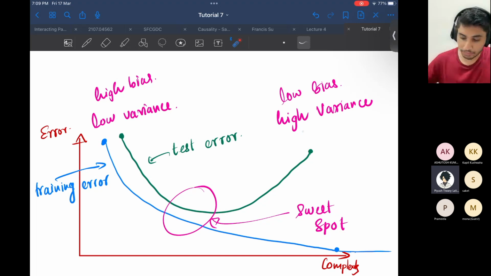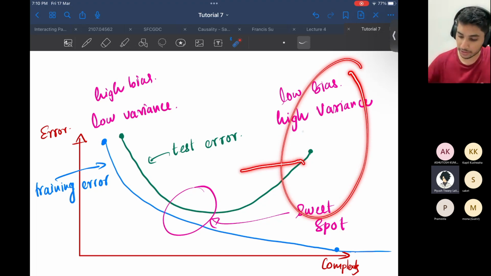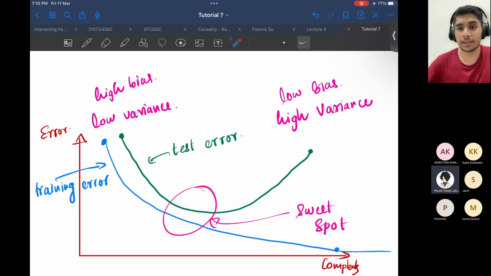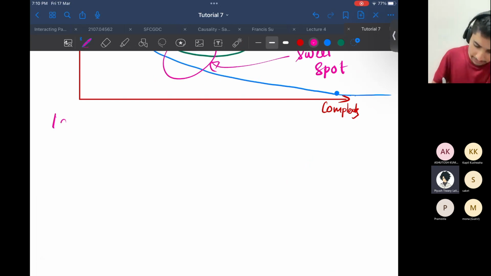So I hope I am able to make myself clear: start from a high variance region, keep increasing your bias, and as you keep increasing your bias, you will move to the left side of the curve, and hopefully you will hit the sweet spot. And this is exactly what regularization is. So what is the idea? Let me write down the idea.